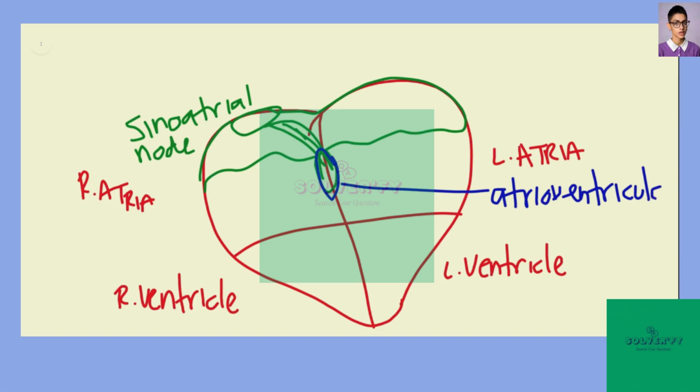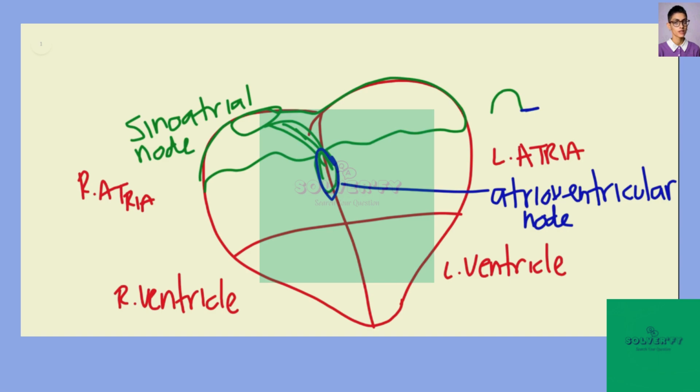Let's see if I can fit it. Barely. This node just pauses everything for a second. If you look at your EKG, your sinoatrial node is responsible for the first little blip, and then the atrioventricular node is responsible for a little pause.